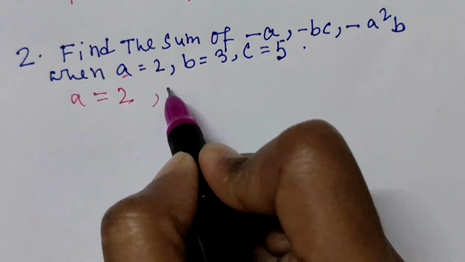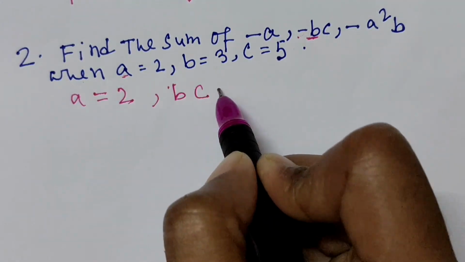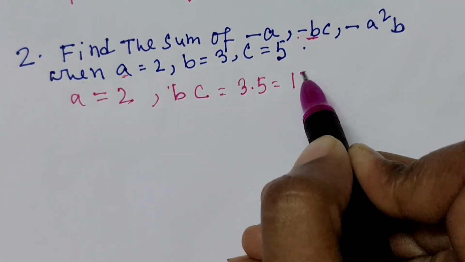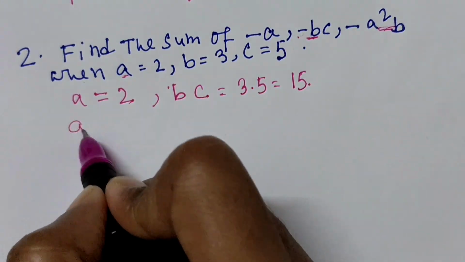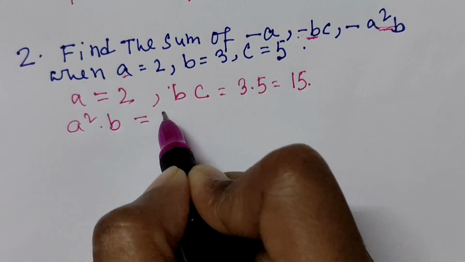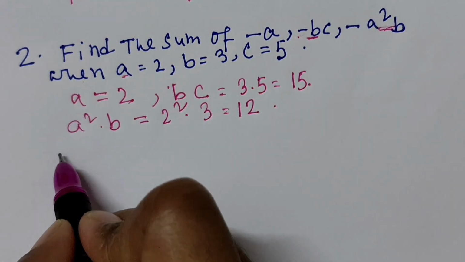Find the sum of minus a, minus bc and minus square b, when a is equal to 2, b is equal to 3 and c is equal to 5. Square b is equal to 12.